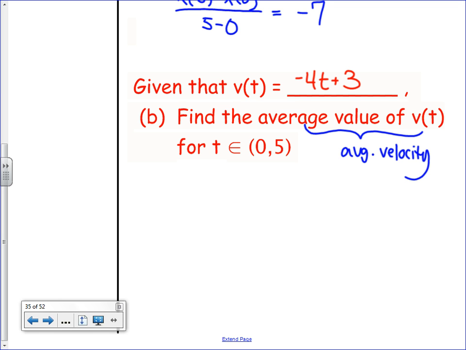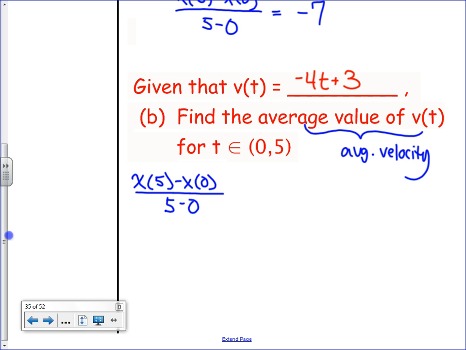So if I hide that, what if this was your problem? Question. To find average velocity, am I looking at velocity? No. I need to accumulate changes in position over changes in time, and then figure out what the average velocity is. How do I go backwards from velocity? How do I get my x of 5 minus x of 0 all over 5 minus 0 if I don't have x, but I have its derivative?